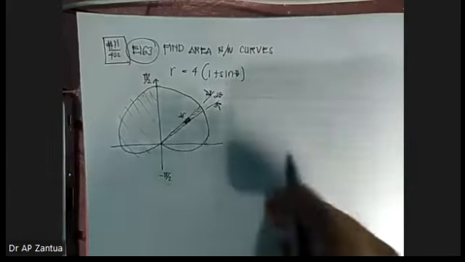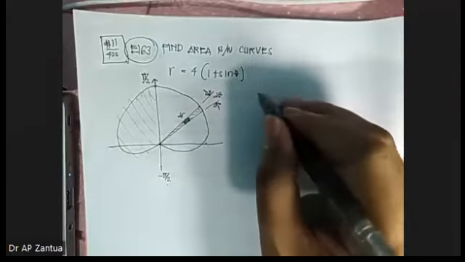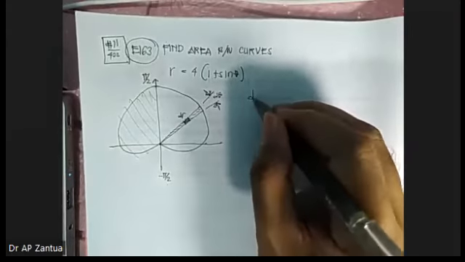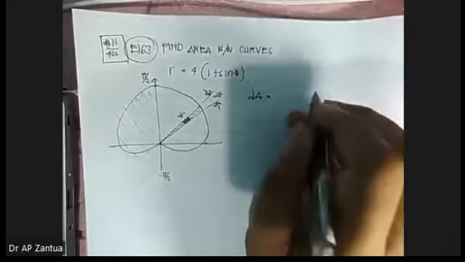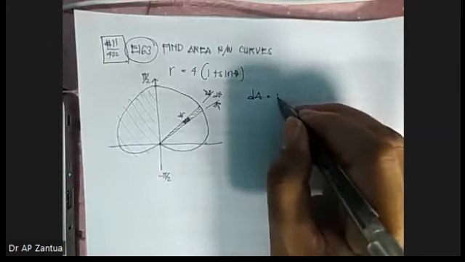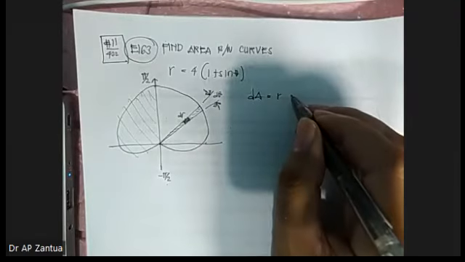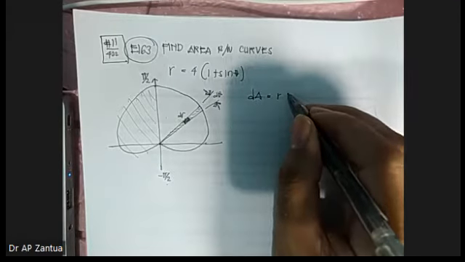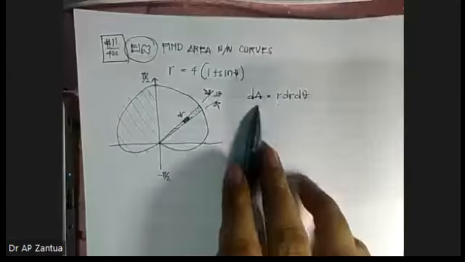integration. Okay, so what will happen? I will form the integral differential area formula. What is the differential area formula? Length times width. Length is r d theta. Width is dr. Why am I writing it like this?